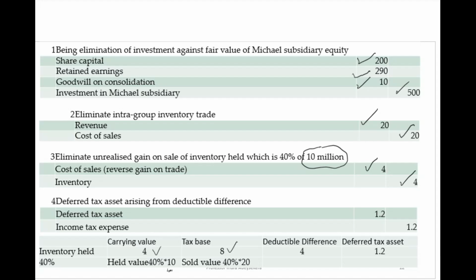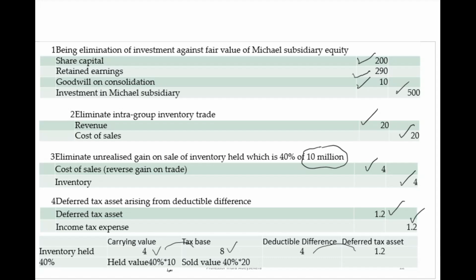The carrying value is less than the tax base, and that difference is a deductible difference of 4 million. Applying the tax rate, the deferred tax asset is 1.2 million. So we debit deferred tax asset 1.2 million, and we credit income tax expense 1.2 million.